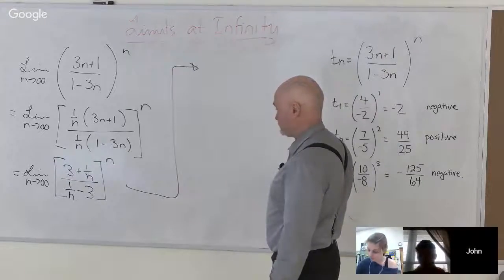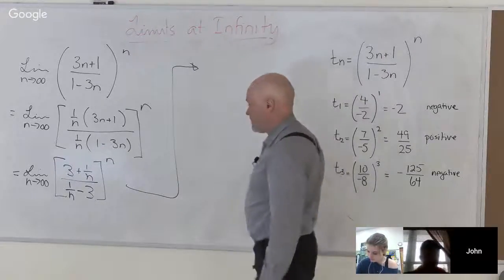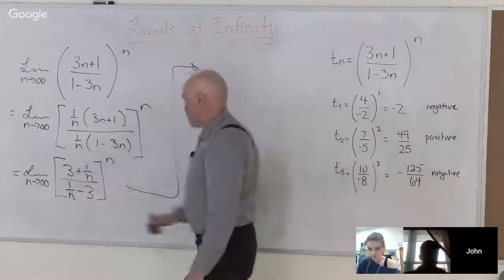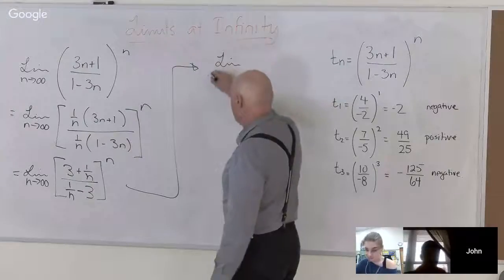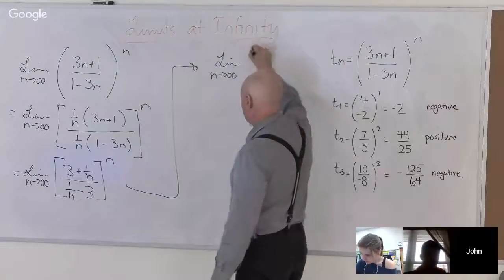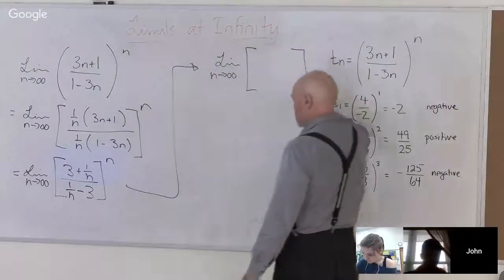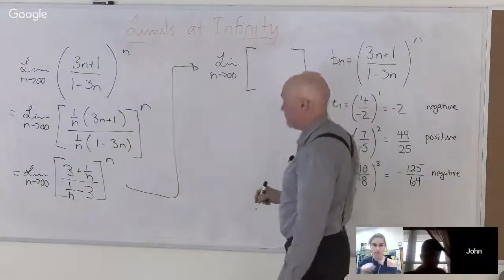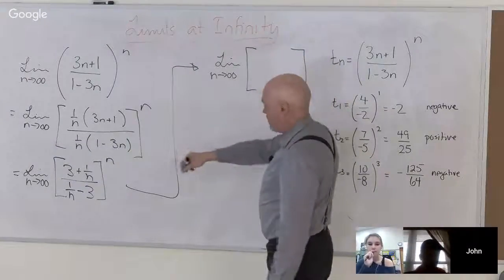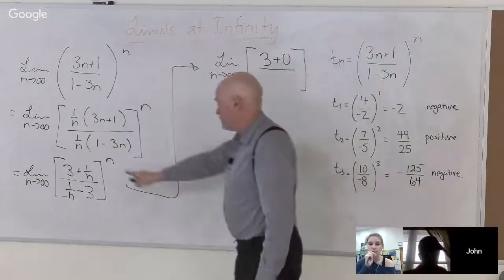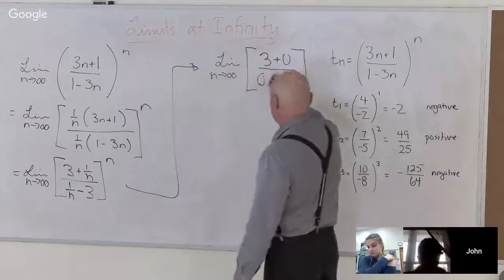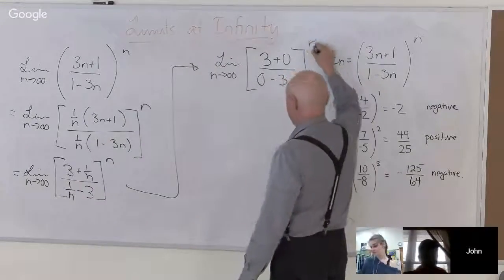Okay. So I'm going to apply the limit to the inside without really formally symbolizing it, because I think it might keep it a little bit cleaner. As n goes to infinity, this becomes 3 plus 0 on top. And on the bottom, it becomes 0 minus 3, to the n.